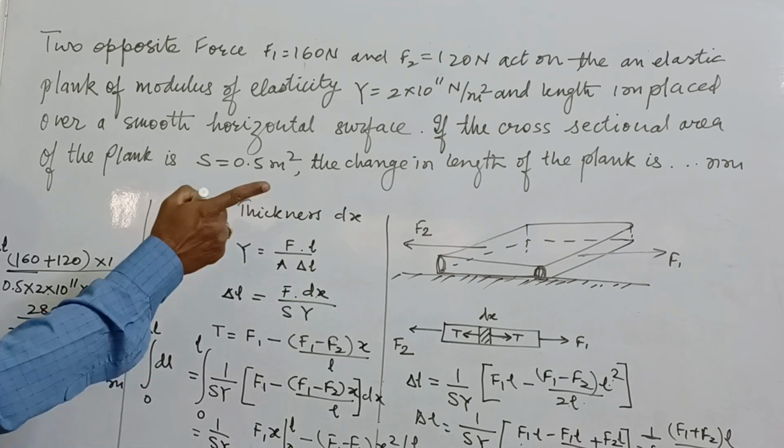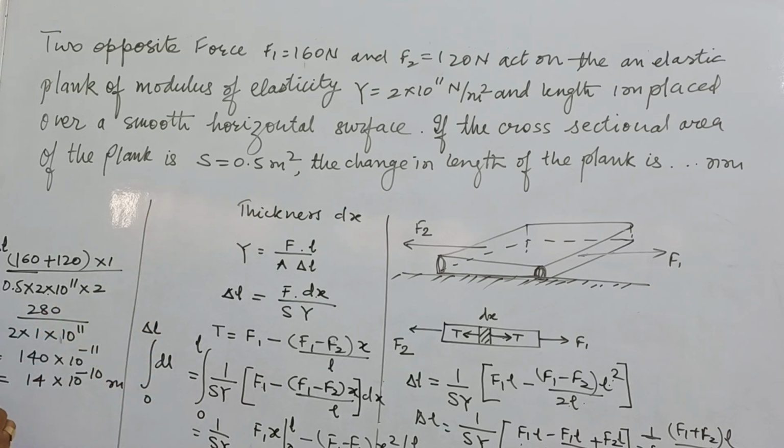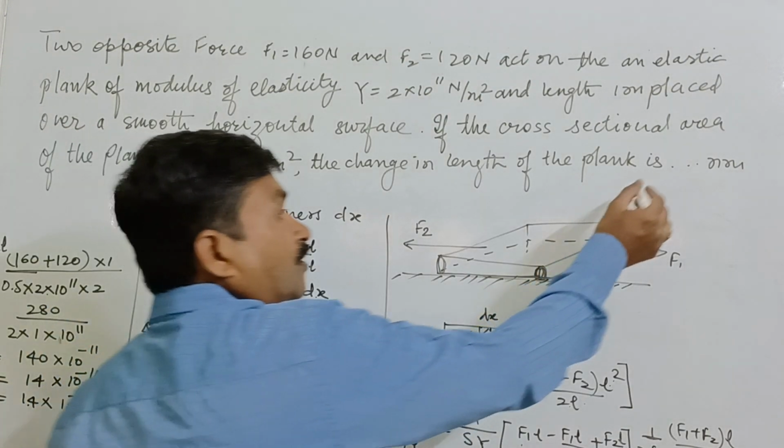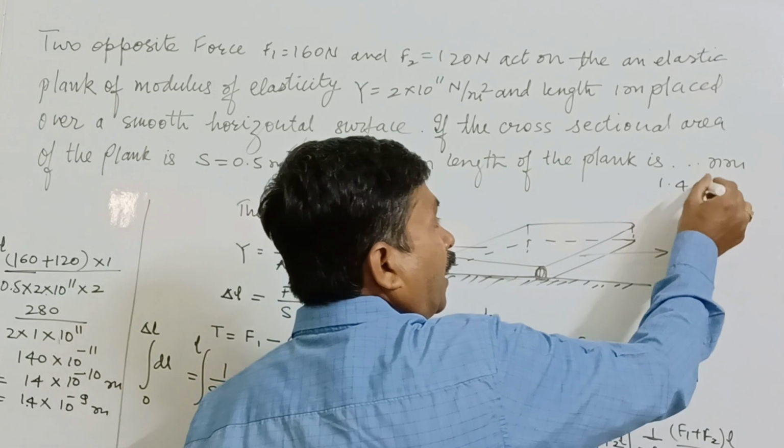So if we convert it into nanometer, it is 1.4, because if we multiply it by 10 and divide it by 10, it is 10 raised to the power minus 9 meter. And the delta L which we are going to have is 1.4 into 10 raised to the power minus 9 meter, which means the correct answer is 1.4 nanometer.